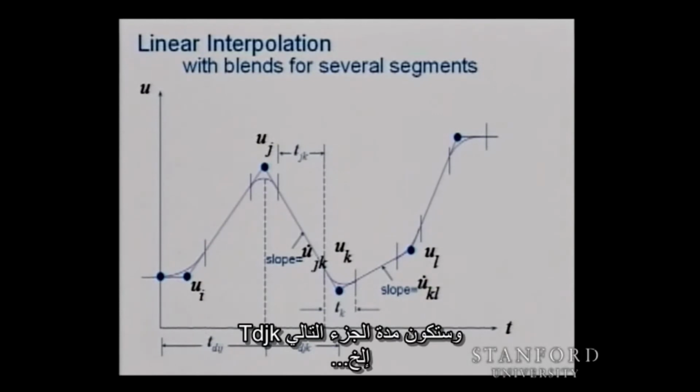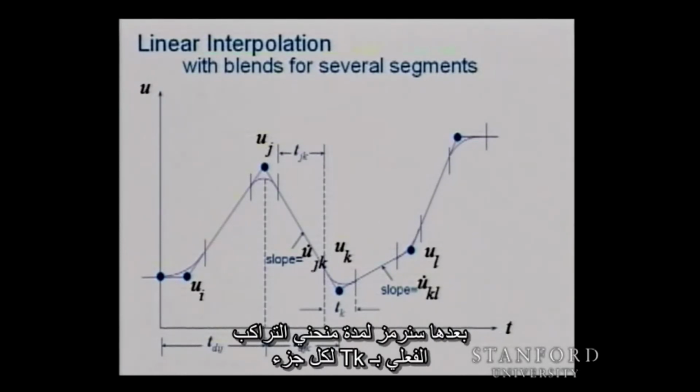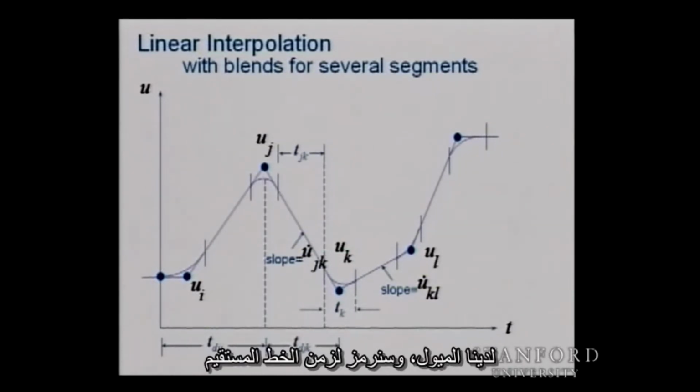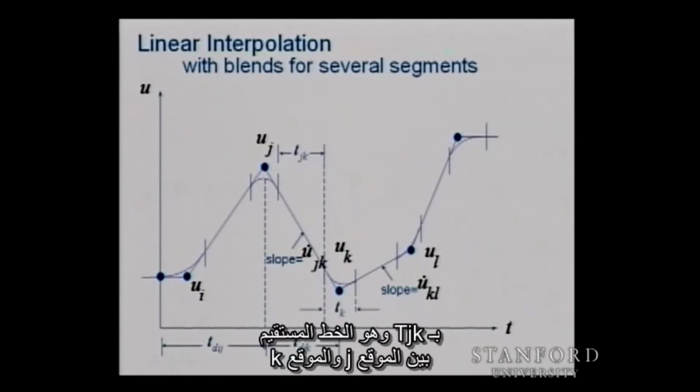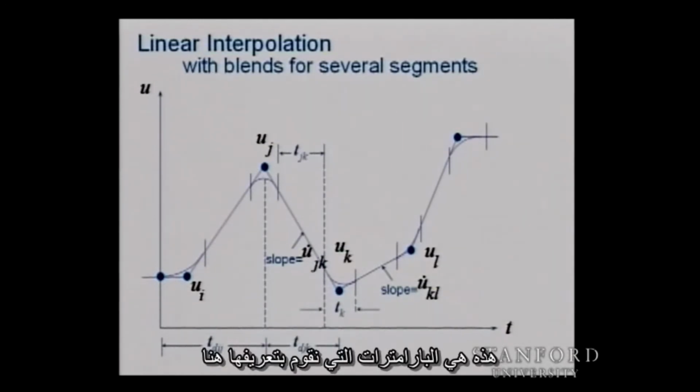And then the duration of the next segment is t sub djk, etc. Then we have the duration of the actual blends, which will be denoted as t sub k for each of the blends. We have the slopes, and then the duration of the straight line segments will be denoted with t sub jk, which is the straight line between position j and position k. Okay, so these are the parameters that we are introducing here.